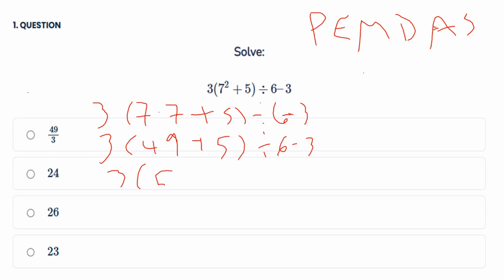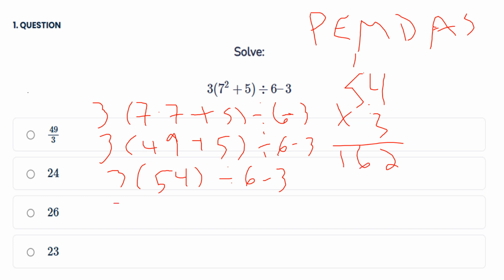That gives us 54 divided by 6 minus 3. And then to finally get rid of this parentheses, we have to multiply 54 times 3. 3 times 4 is 12. 3 times 5 is 15, plus the 1 that I carried is 162.